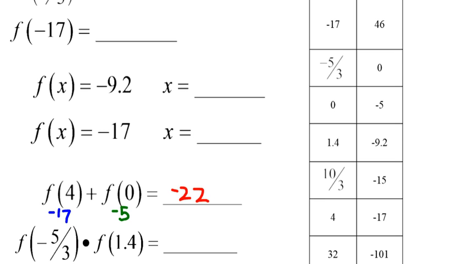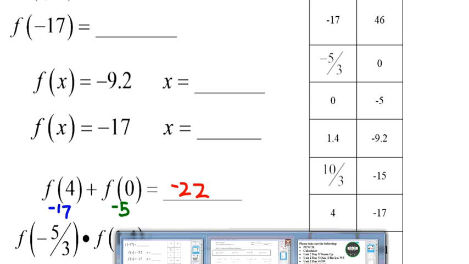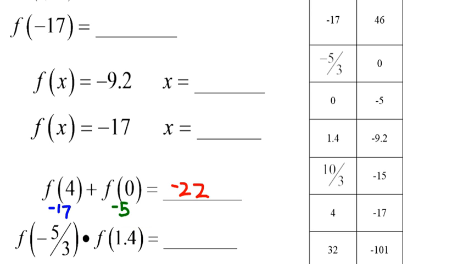How about the next one? We've got f of negative 5/3 times f of 1.4. Do you know what it would be equal to? f of negative 5/3 is equal to 0.